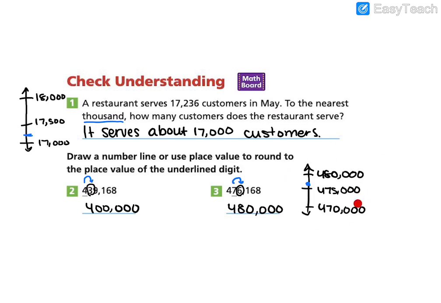I created a number line just to check. If I'm rounding to the nearest 10,000, there are 47 10,000s in that number. So 470,000 and 480,000. My midway point is 475,000. 476 is greater than 475,000, so it rounds to 480,000.